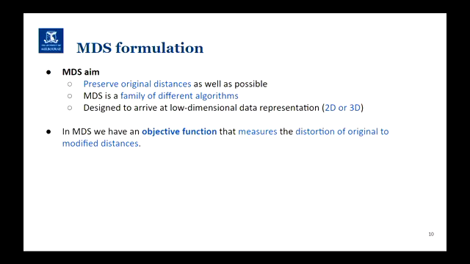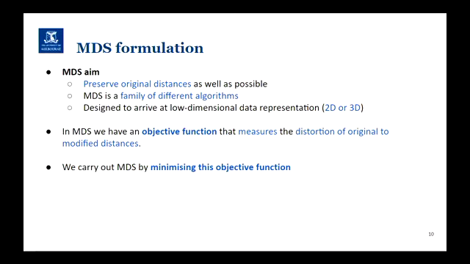In multidimensional scaling, we have an objective function that measures the distortion from the original to the modified distance. So how close are the modified distances in our 2D or 3D projection in comparison to our original high-dimensional distances?